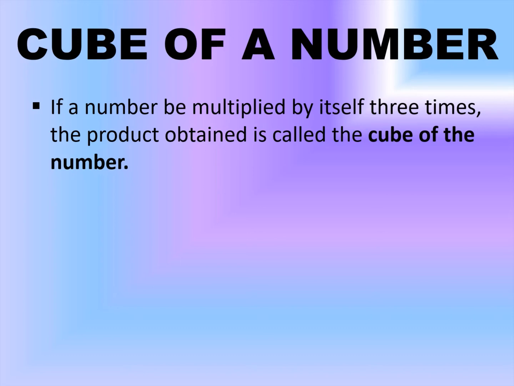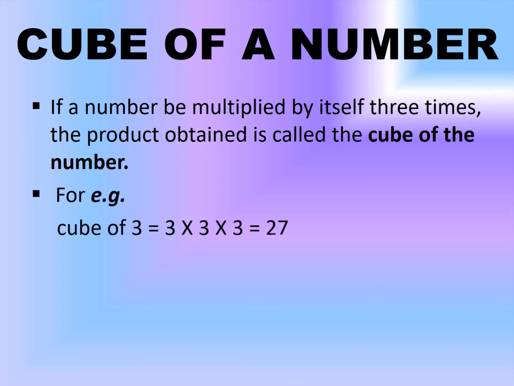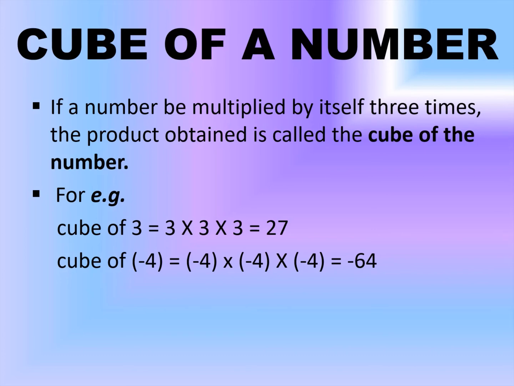It means that to find the cube of a number, we have to multiply that number by itself 3 times. For example, to find the cube of 3, we will multiply 3 by itself 3 times. That is 3 multiply 3 multiply 3, which will give us the product 27.